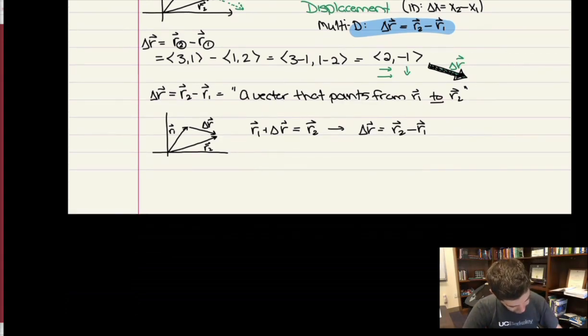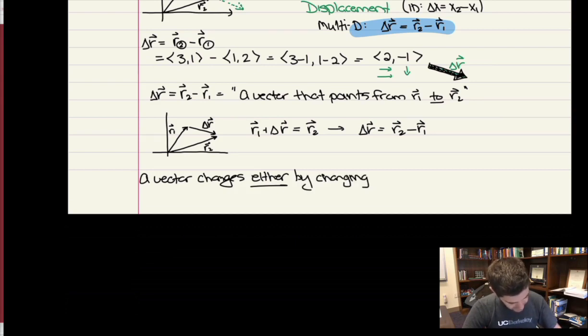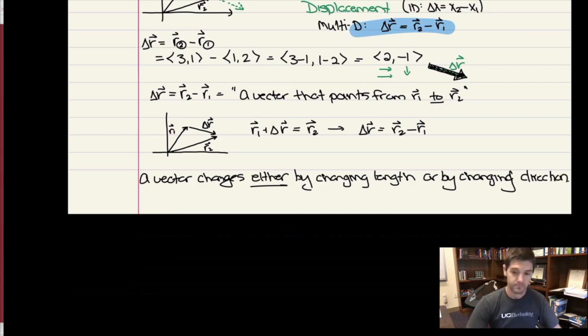And that's a point worth making here. A vector changes either by changing length or by changing direction, or both. So what do I mean by that?